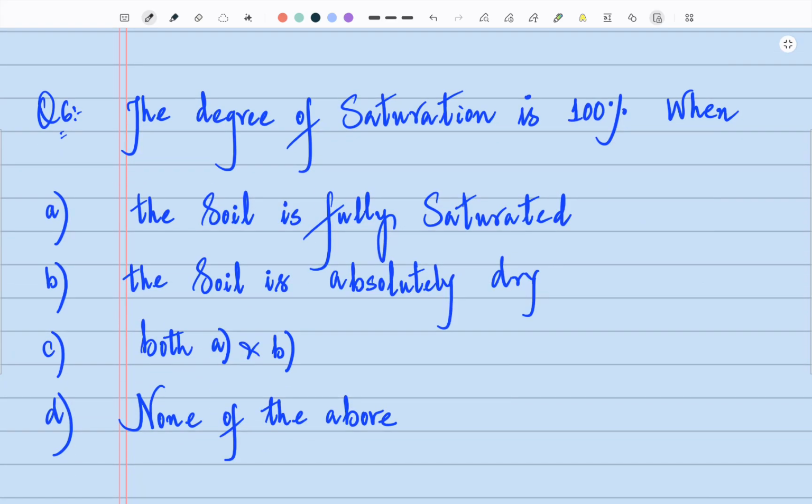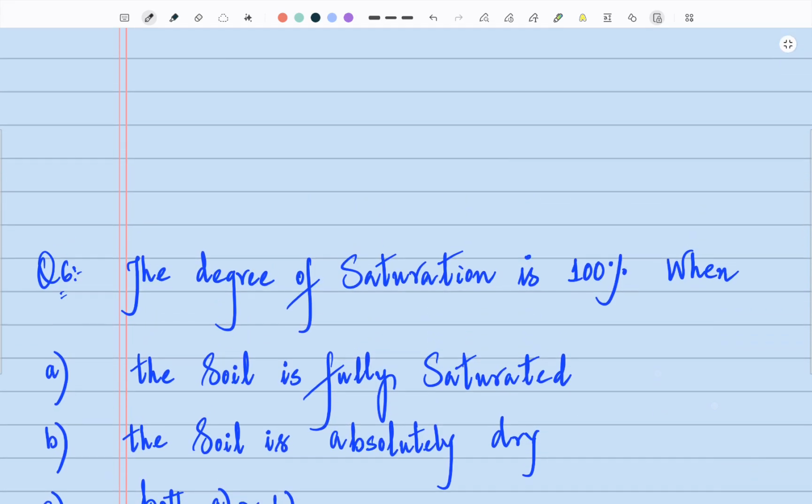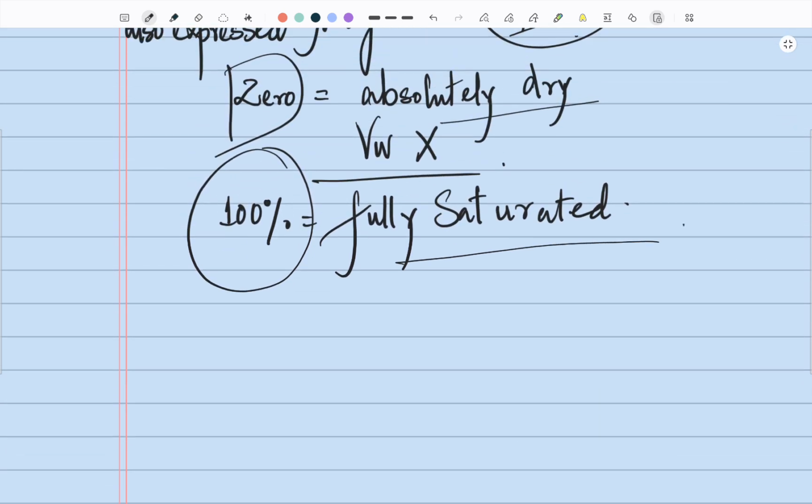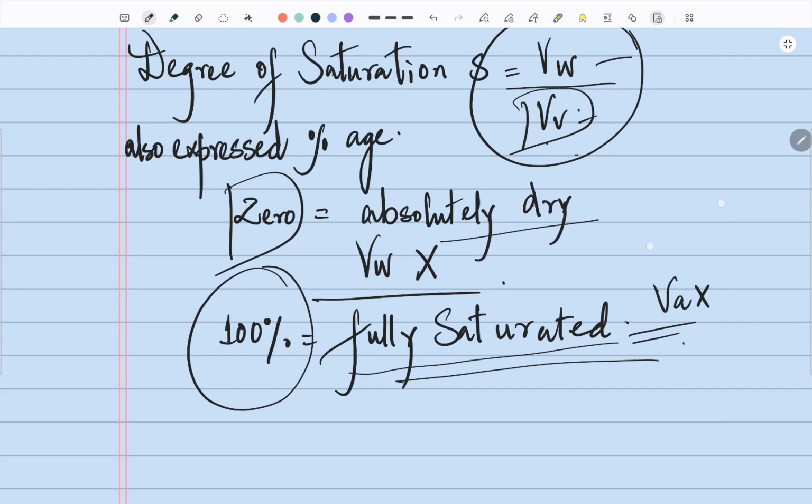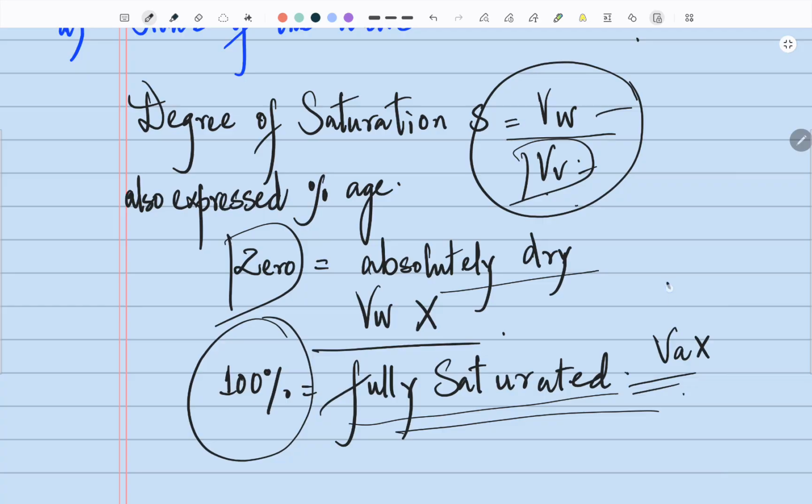Question number 6 is again about degree of saturation. The degree of saturation is 100% when the soil is fully saturated, the soil is absolutely dry, both A and B, or none of the above. We already learned that when the soil mass is fully saturated, there is no air phase. In the entire volume of the voids, there will be only water.